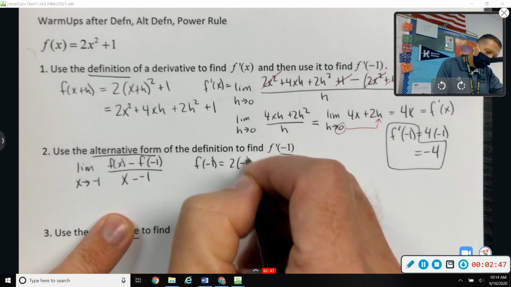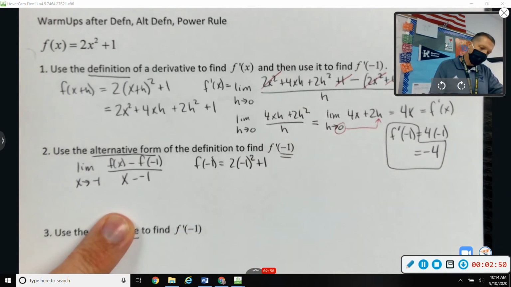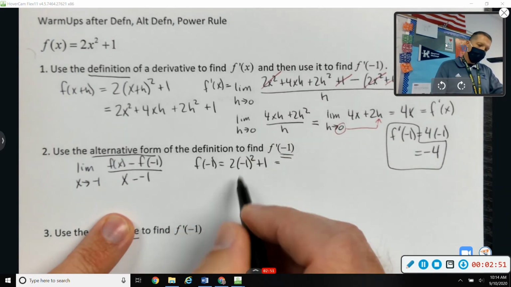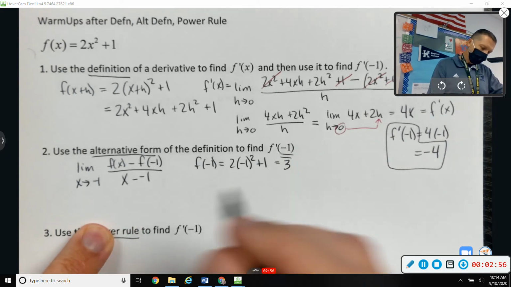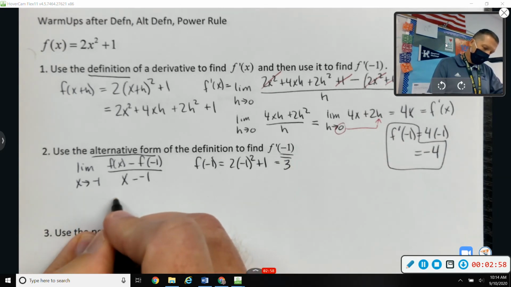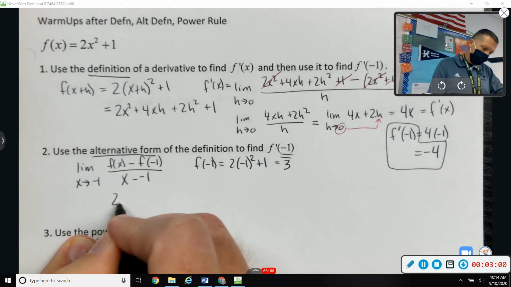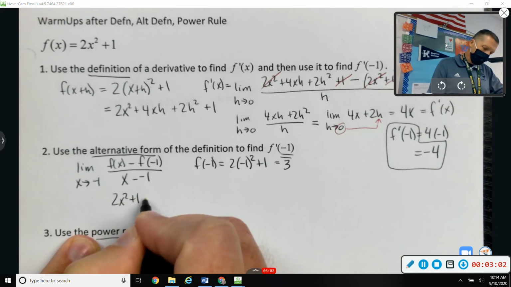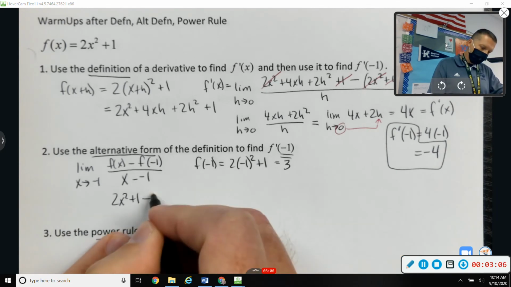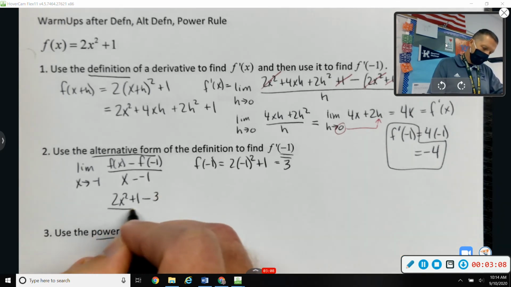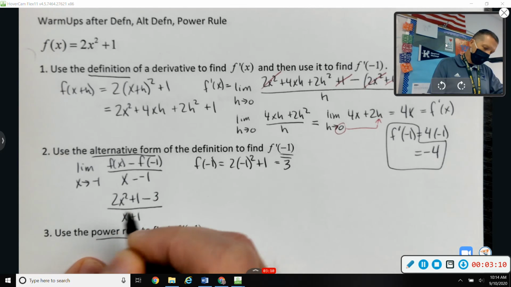So 2 times negative 1 squared plus 1. So that would be 2 plus 1 is 3. So f of x, 2x squared plus 1, minus f of negative 1, which is 3, all over x plus 1.